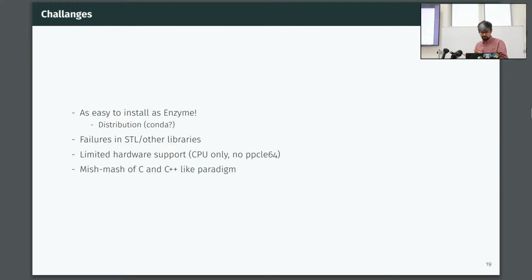What challenges did we face? The biggest issue that comes up again and again with Enzyme is that installation is not as straightforward as just giving a make command. You first have to install Enzyme, and then it is as easy to install as Enzyme is. On most systems, for example on my laptop, it's a 5 minute job.